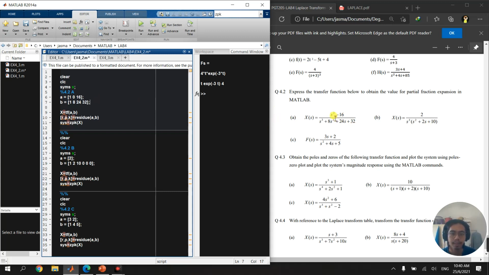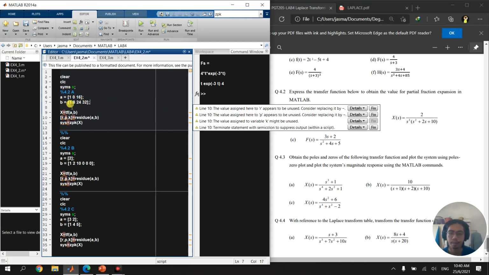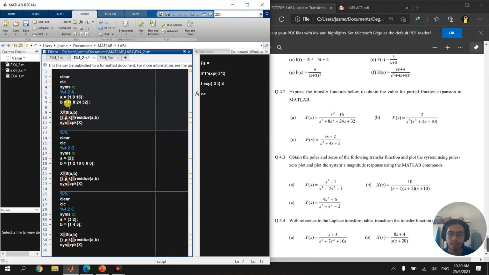So we look here, it is s squared minus 16, which is 1 for s squared, 0 because s to the power of 1 doesn't appear there, and then we put minus 16 for s to the power of 0. Then we do the same step for the denominator, which is s cubed is 1, s squared is 8, s is 24, and s to the power of 0 is 30.